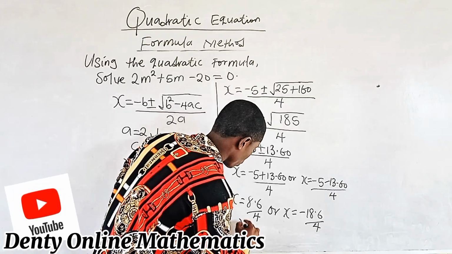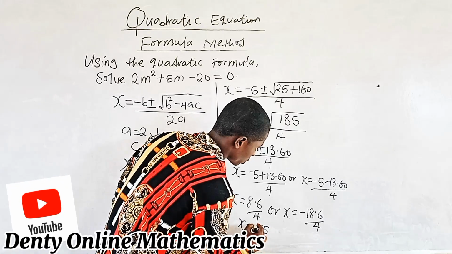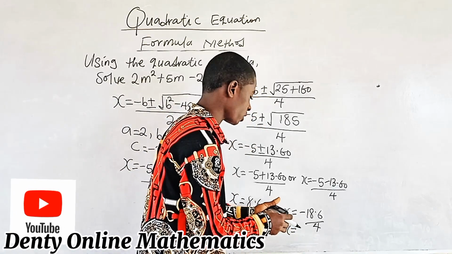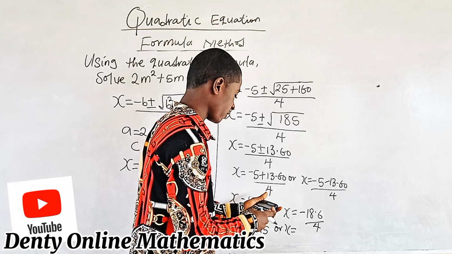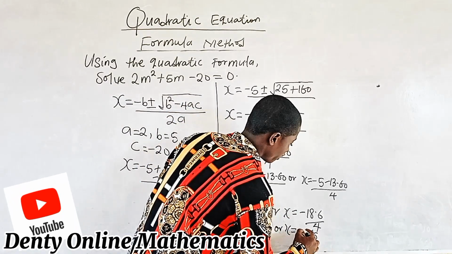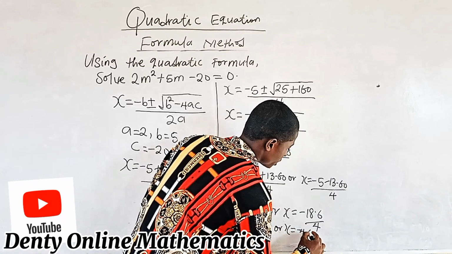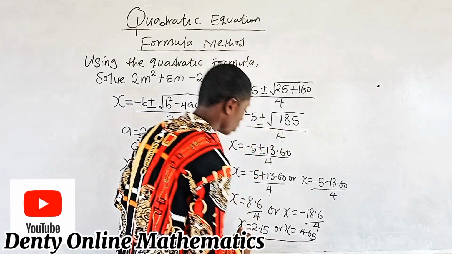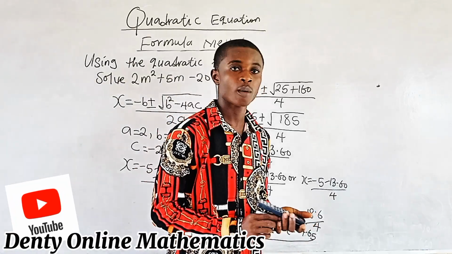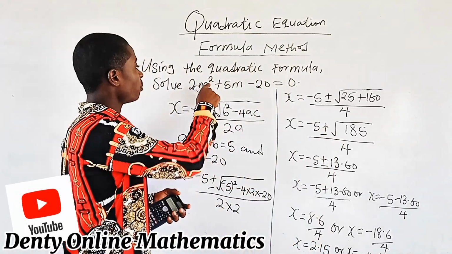So our x will be equal to 2.15, or x will be equal to minus 18.6 divided by 4, which will give us minus 4.65. So our x will be equal to 2.15, or our x will be equal to minus 4.65. You get?